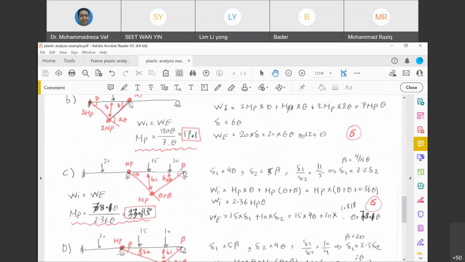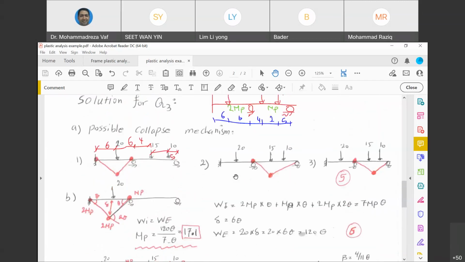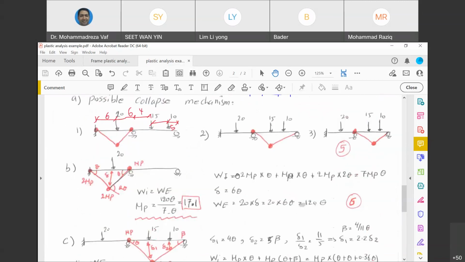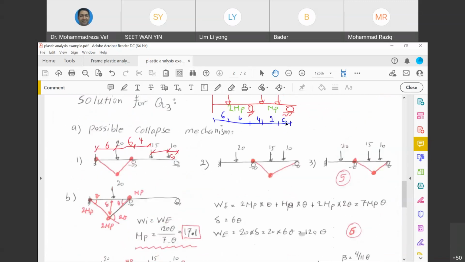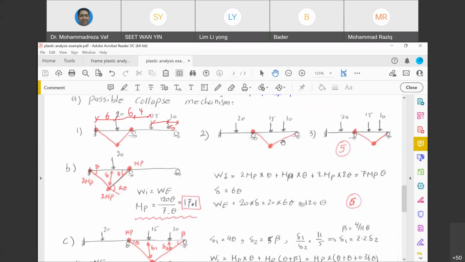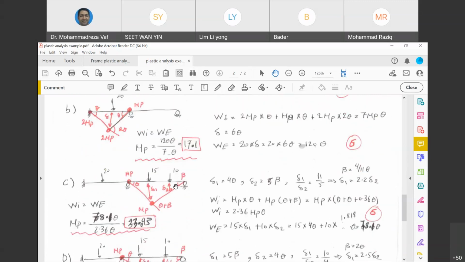So delta 2 is going to be... I got your point right now. Okay, I think this is the mistake in the question here. This is 3 meter, not 5 meter. If this one is 3, then it's going to be 3 plus 2, 5.